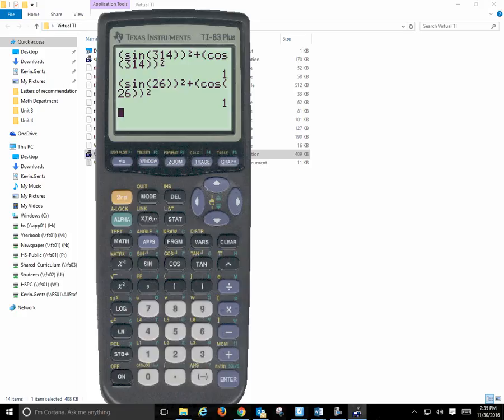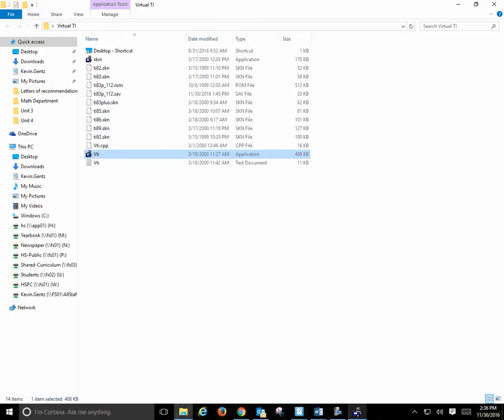If your calculator wants a value, would you like me to prove to you right now that sine squared plus cosine squared is 1 regardless of any angle? You want to see it? Okay. We'll do it.